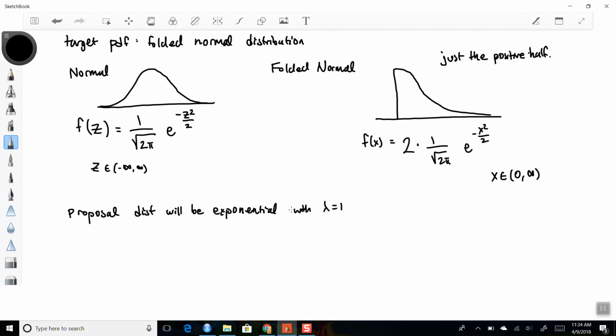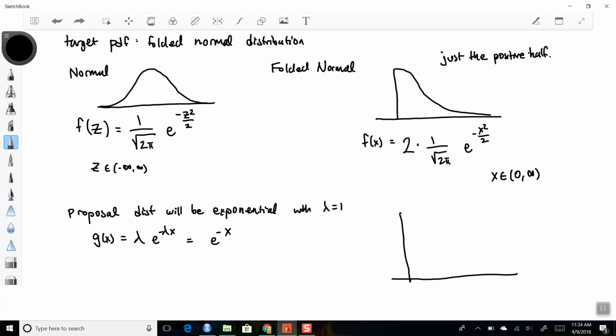And so g of x has density lambda times e to the negative lambda x, which with lambda equal to 1 is just e to the negative x. And its PDF looks something like this.